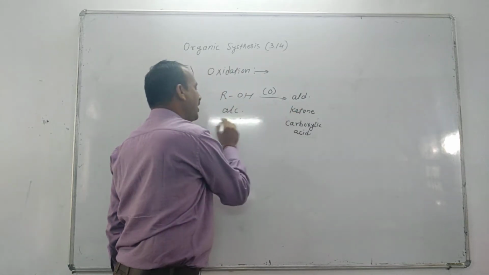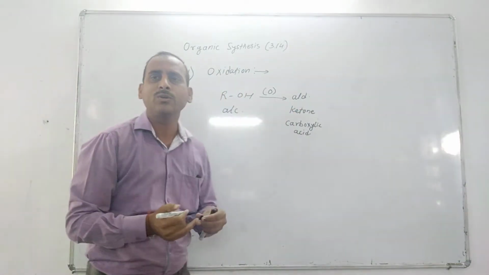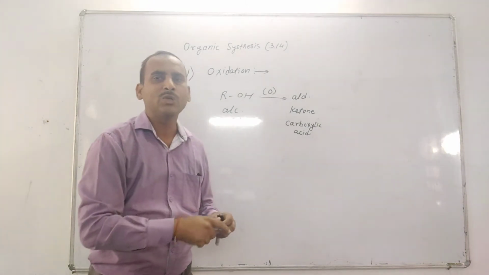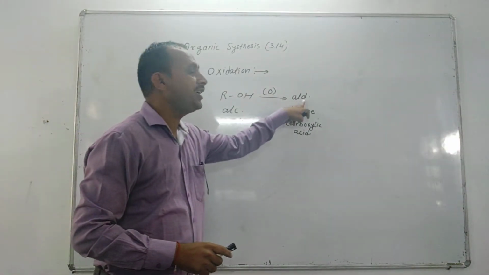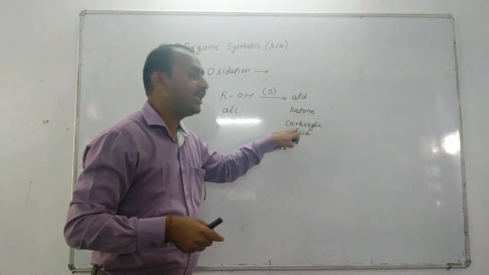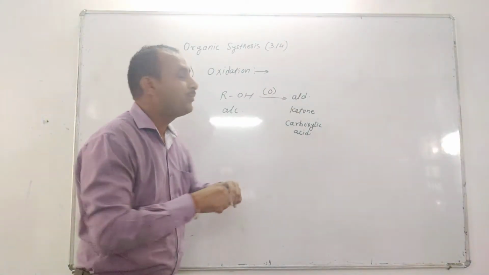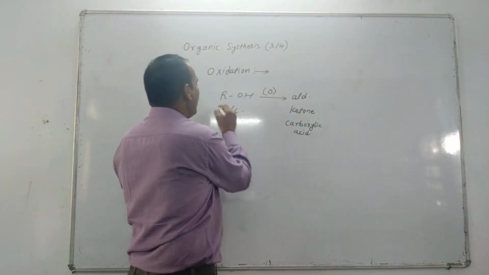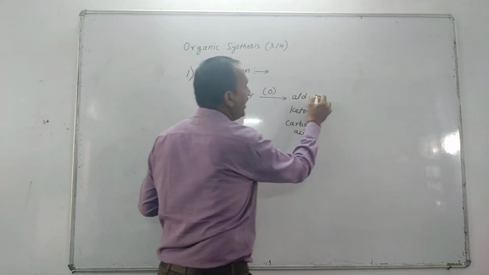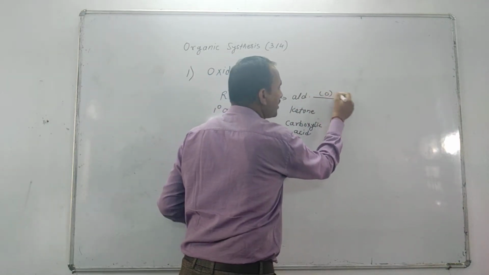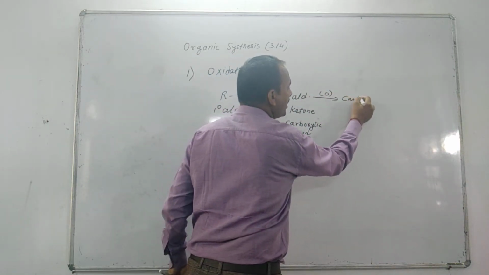If there is a primary alcohol, then the primary alcohol is oxidized to aldehyde or carboxylic acid. First of all, the primary alcohol is oxidized to aldehyde, and the aldehyde is further oxidized to carboxylic acid.